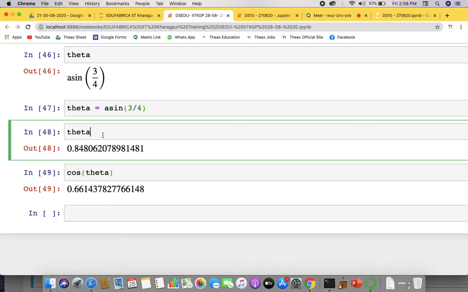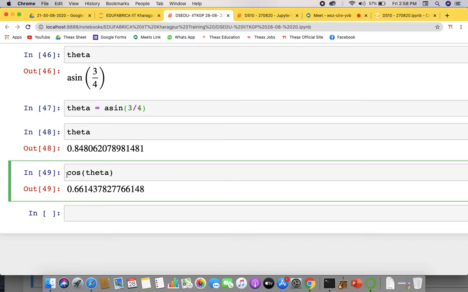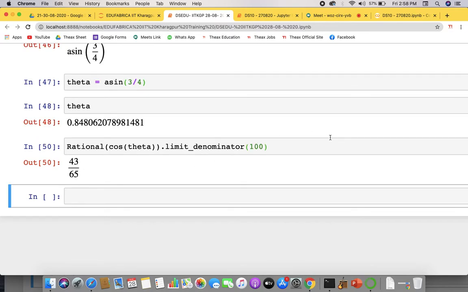Whatever the cos theta value comes, we are going to put limit denominator there. Limit denominator in the sense that if I write this as rational of whatever the value comes, dot limit denominator of 100.